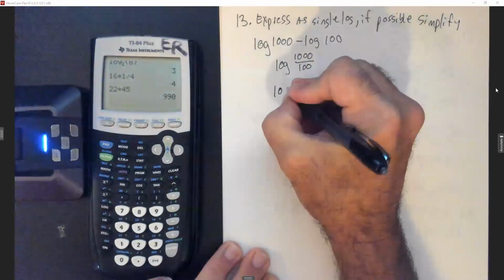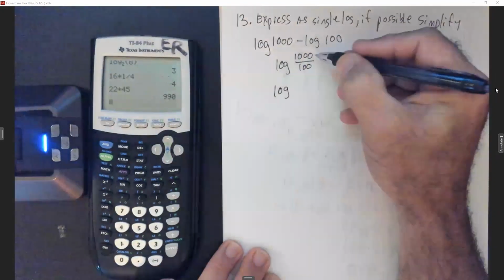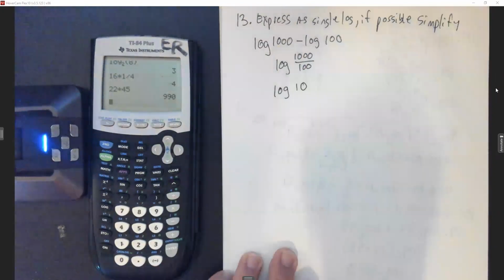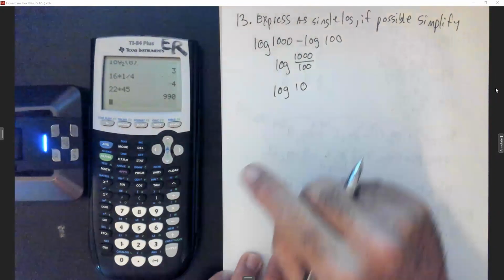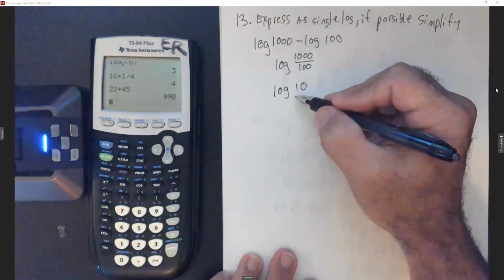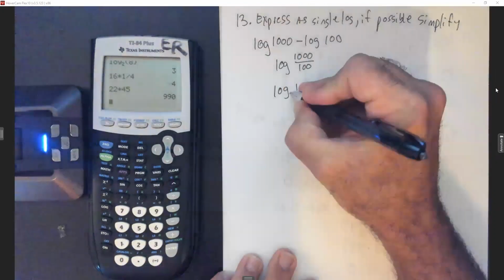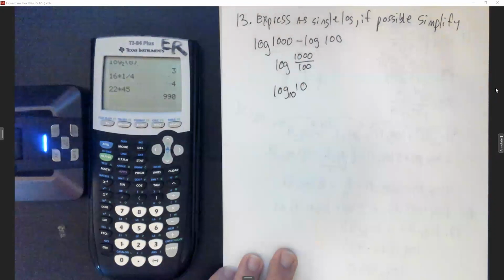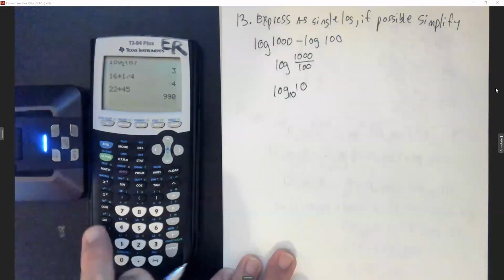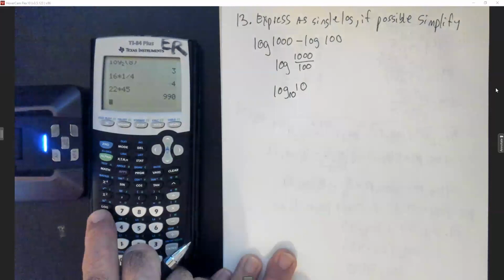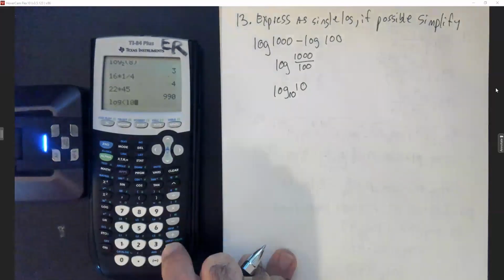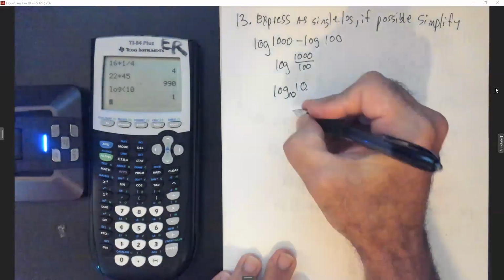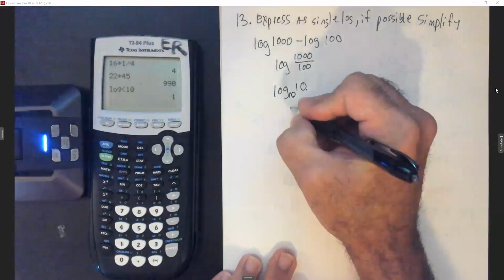Well, I can simplify that because 1,000 divided by 100 is 10. And y'all remember this, anytime a log does not have a number here, it's automatically assumed to be a 10. So what does log base 10 of 10 equal? Well, y'all, you got a log on front of that calculator. So log of 10 equals 1. And we knew that because that base matches that result. So the final answer on that would be a 1.